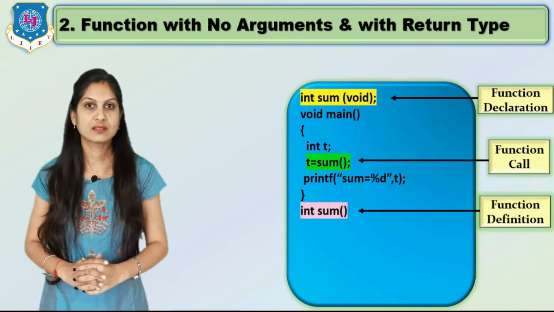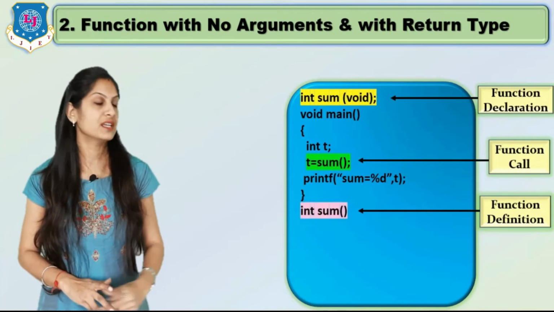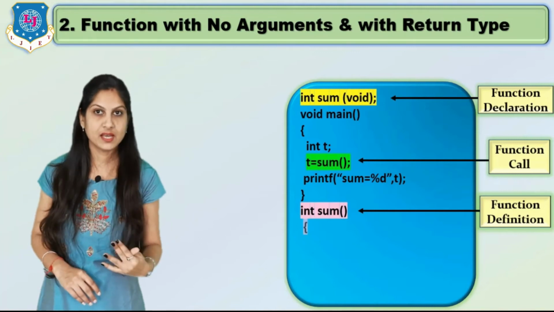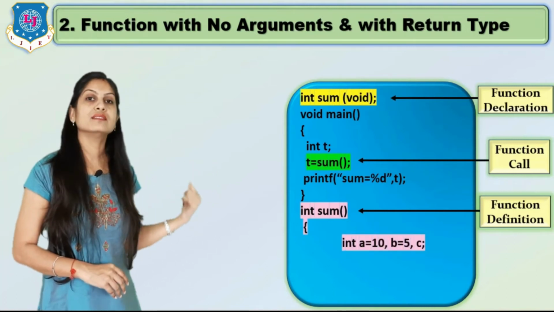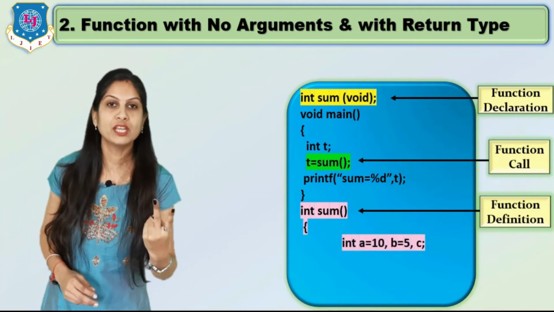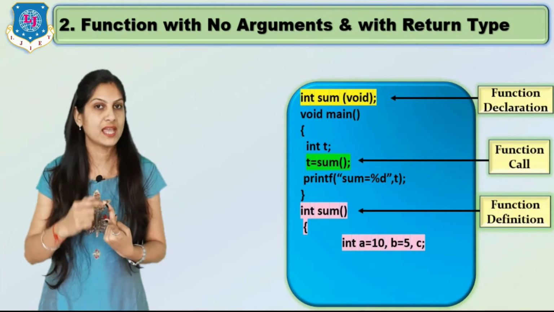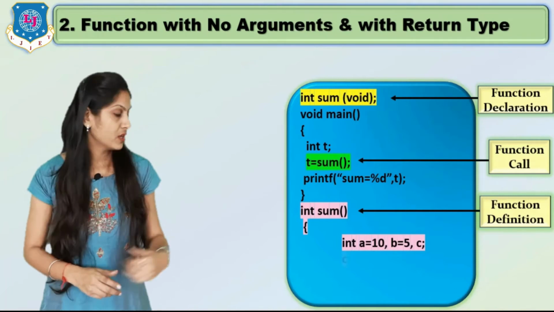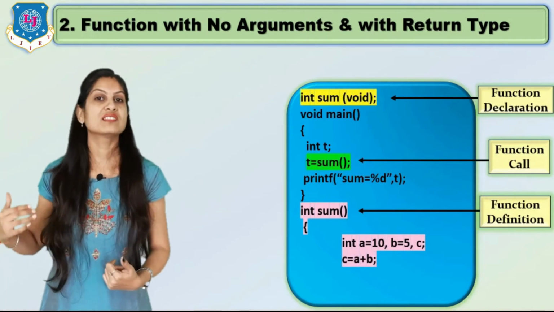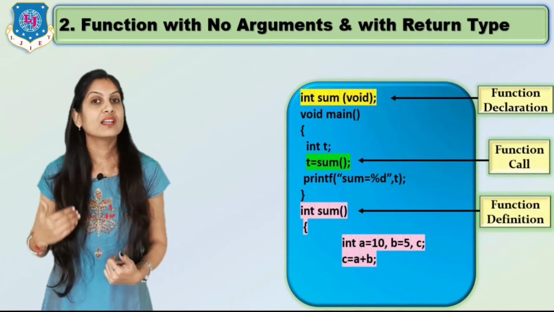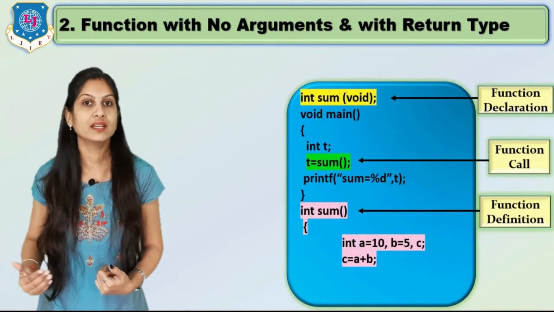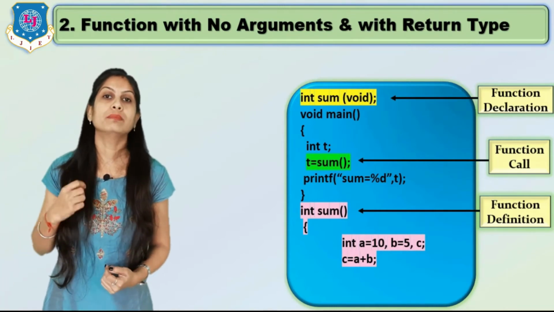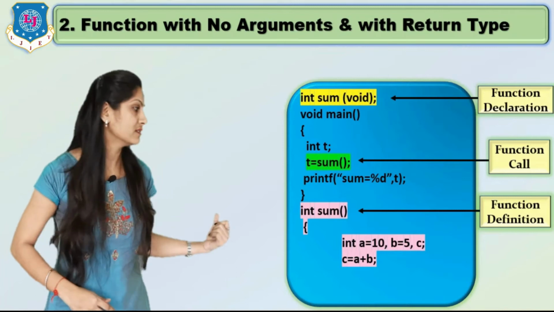It is the same as previous, we just change void to int, then sum, and inside the curly brackets we write two input variables, int a = 10, b = 5, and the output is stored in c. So the formula is c = a + b, but now the category is with return, which means we have to compulsorily write the return statement.